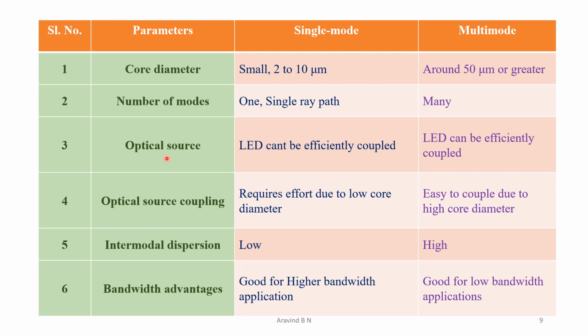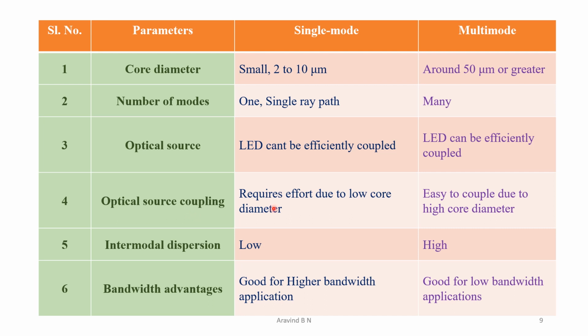Optical sources: coupling of the sources like LED is quite difficult in this case due to the lower core diameter, whereas in case of multimode the core diameter is bigger, therefore coupling of the optical sources like LED is quite efficient.